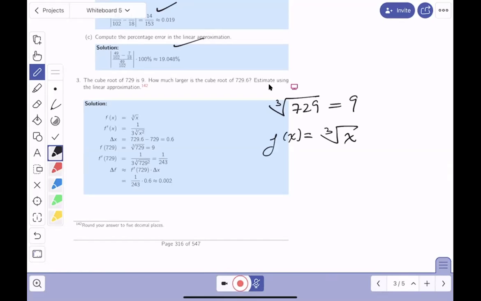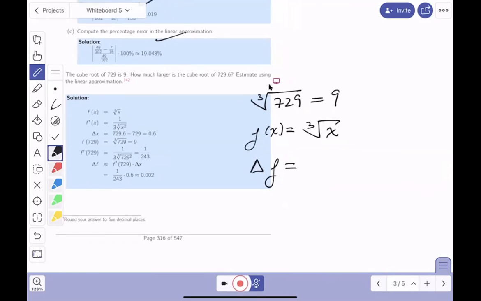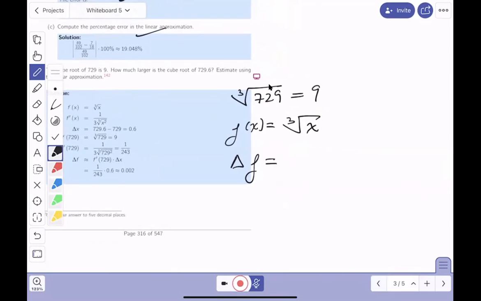And that larger part is really going to be a delta f now. And what's a delta f equal to? Well, they're asking a question. How much larger is it? So it's going to be f of 729.6 minus f of 729, that's a delta, how much larger?